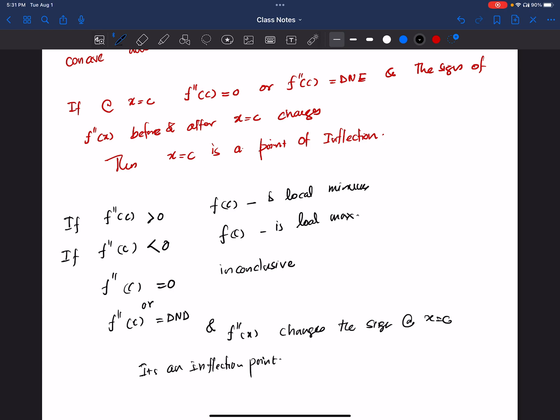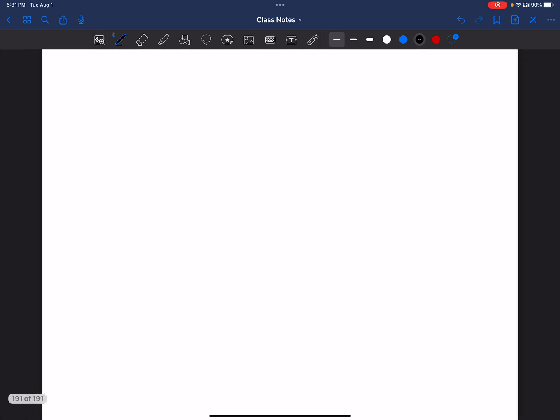So let's take an example. Find the points of inflection for the function f of x equals 3x to the power 5 minus 5x to the power 4 plus 1.